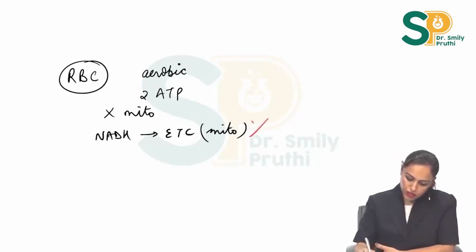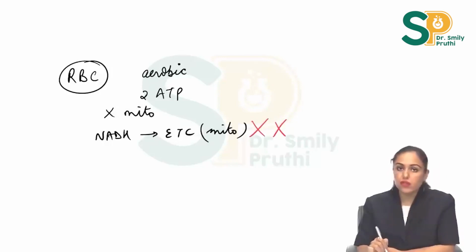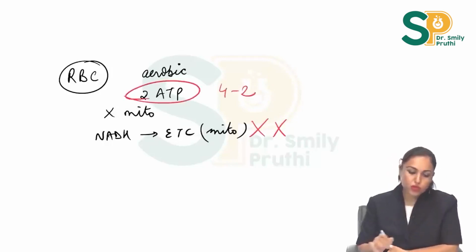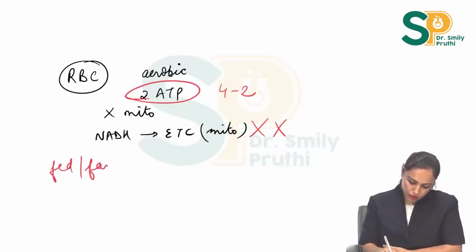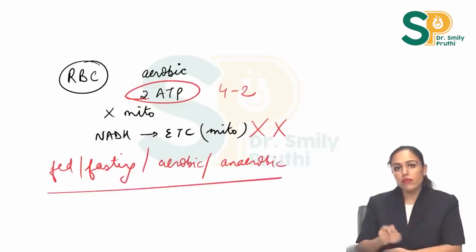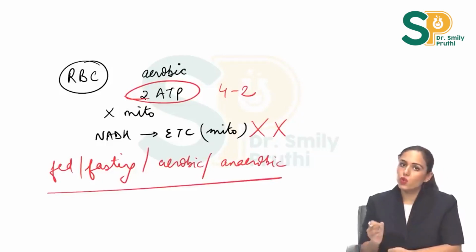So this NADH can never give those 5 ATPs in case of RBC. So in RBC, energetics is always 4 minus 2, that is 2 ATPs. In the question, even if they write fed state, fasting state, aerobic state, anaerobic state, they're just using these words to confuse you. But whenever the question is on RBC, you will say 2 ATPs, right?